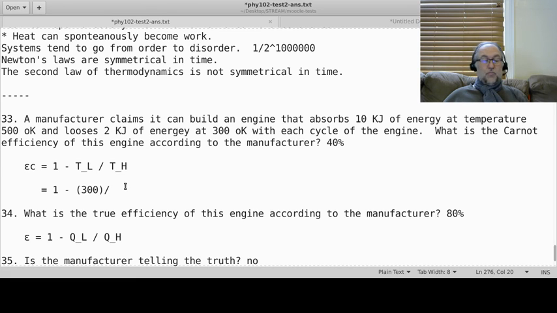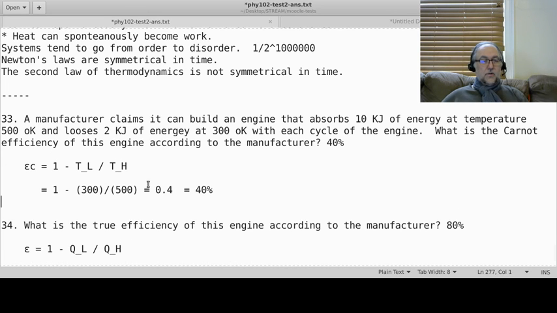I didn't do that derivation, but you can derive that from the ideal gas law. So since T's have to be absolute temperatures in the ideal gas law, they have to be absolute temperatures here. And the lower temperature here is 300, the higher is 500, like that. Okay, and that's going to equal 0.4 or 40%. Okay, so there's the answer.